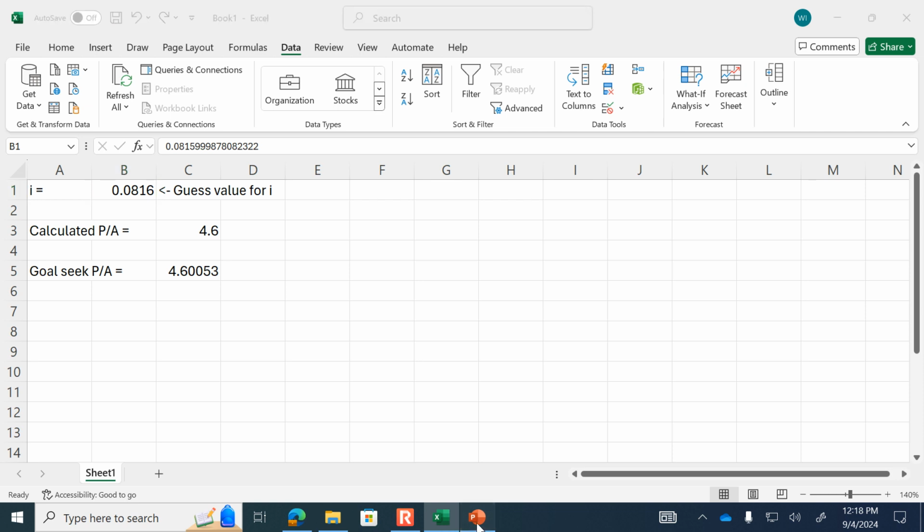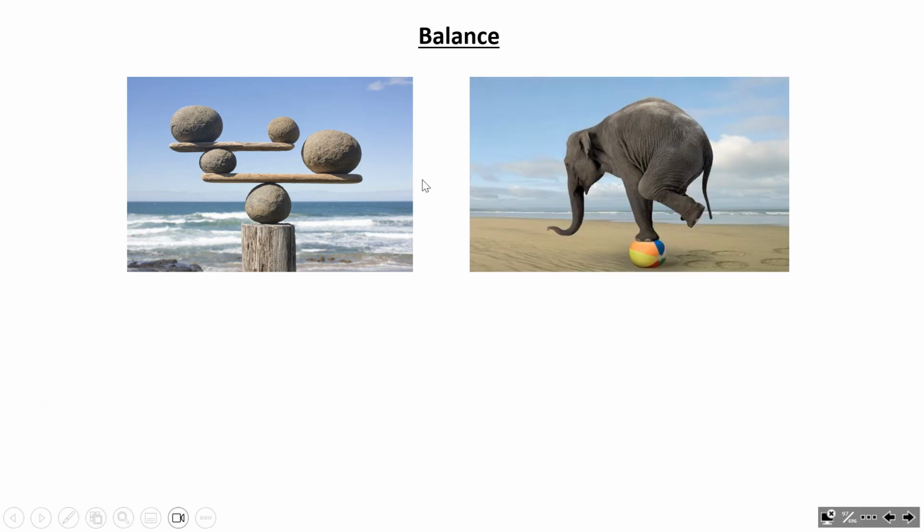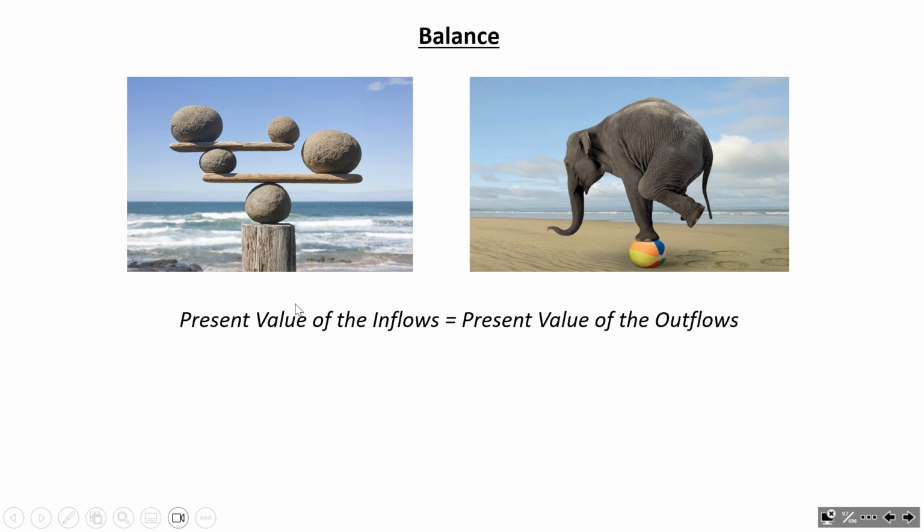All right. So a little bit of numerical solving methods here. Balance. We're going to want to find what interest rate gives you the present value of the inflows equal to the present value of the outflows. And so this cash flow diagram, if you discount the revenue to the present, it's like a single big arrow up at time 0.